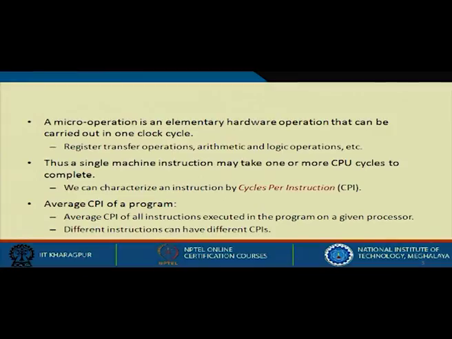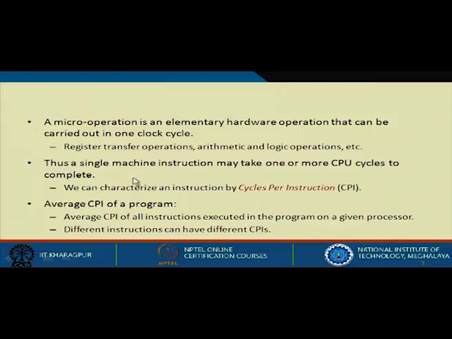Whenever you have to bring something from the memory, we have to see how much time will be required for that. Transferring within the CPU is much faster compared to getting data from memory to CPU. So, there can be register transfer operations and arithmetic logic operations.